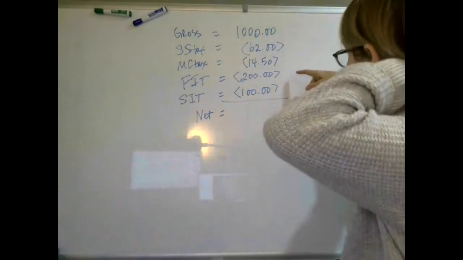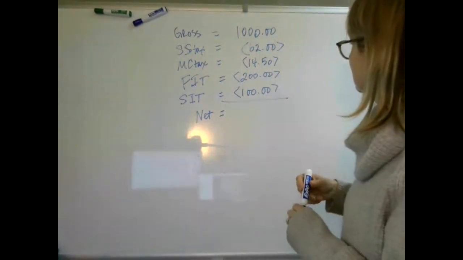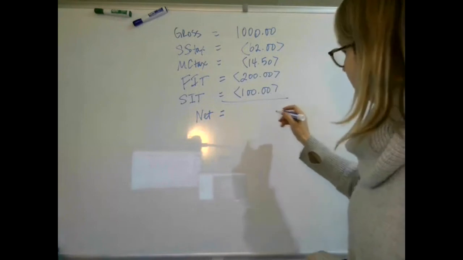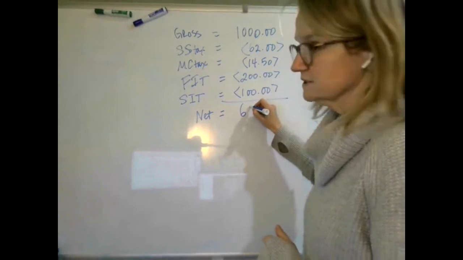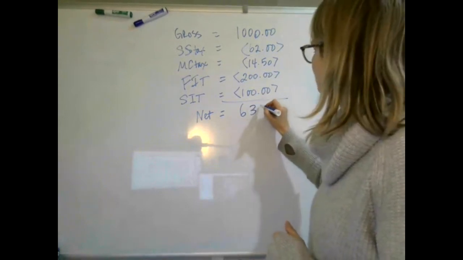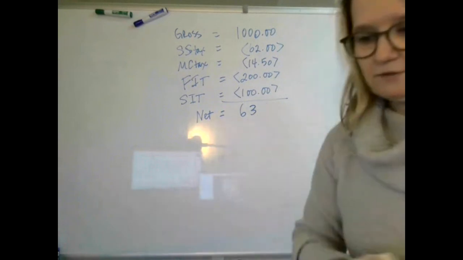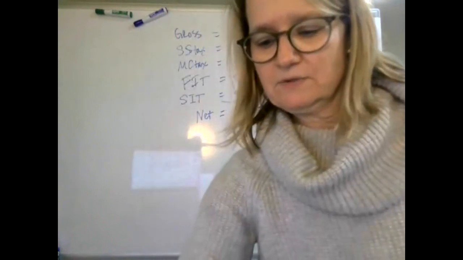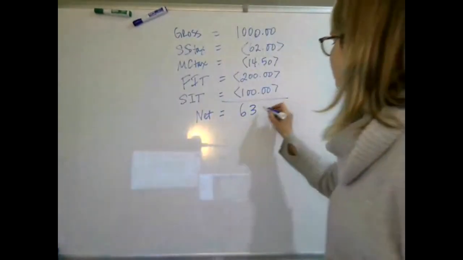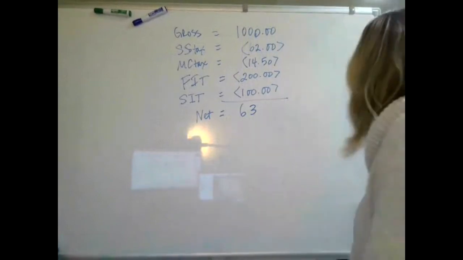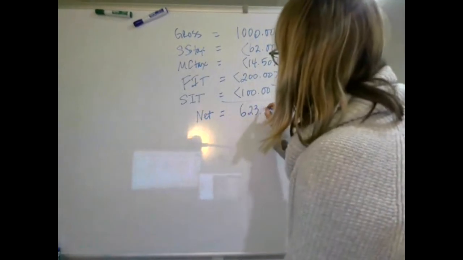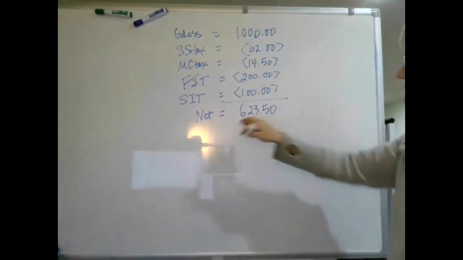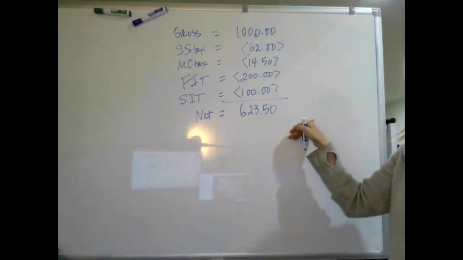So 700 minus 76.50, so 623.50. There's our net pay. This is the amount of cash that's going to go to the employee, right?